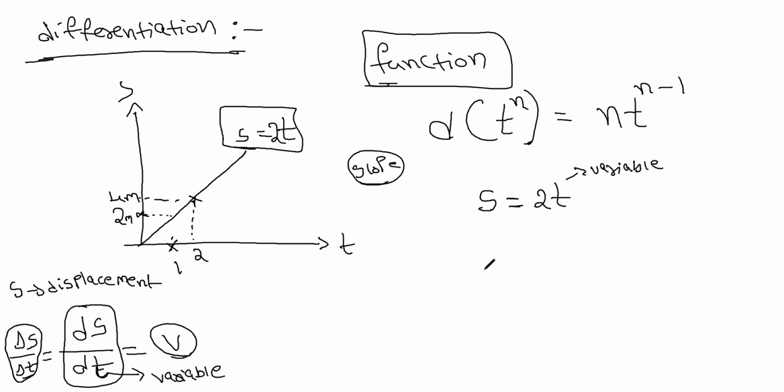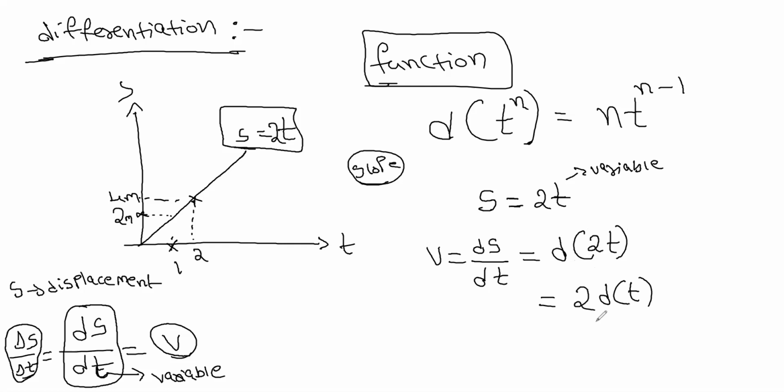Now we need the velocity, so the formula is ds by dt, the differentiation of s with respect to the variable t. That is the differentiation we have to do of 2t. Differentiation of any constant that is multiplying, you can take it out, then differentiate t.